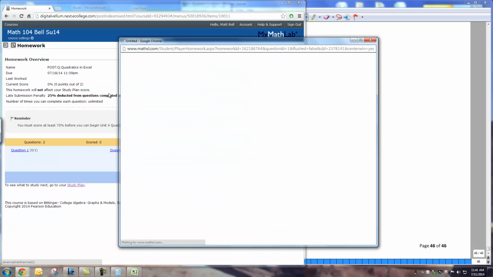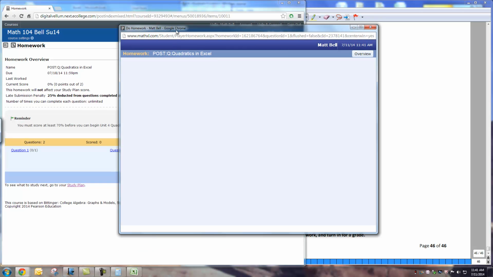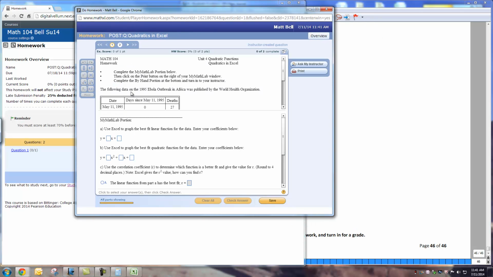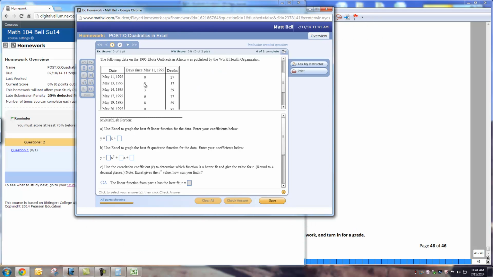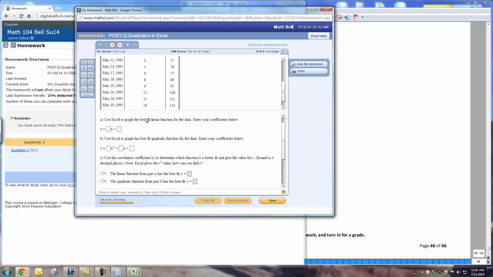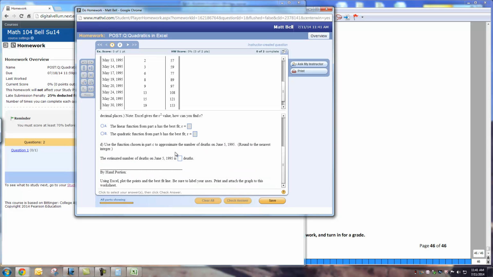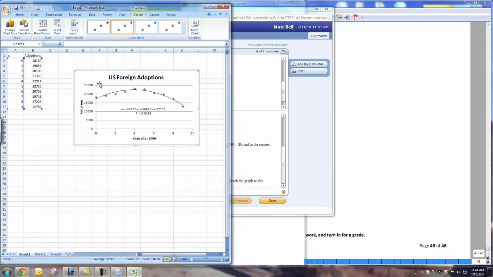Look, there's only 2 questions. So what you need to do is, here's your values, here's your X column, here's your Y column. It wants the linear and the quadratic function, which one has the best fit, and then I want you to email me that Excel plot. So there's 2 questions, so I want 2 of these graphs. Make sure it has the function, and you label your axes.